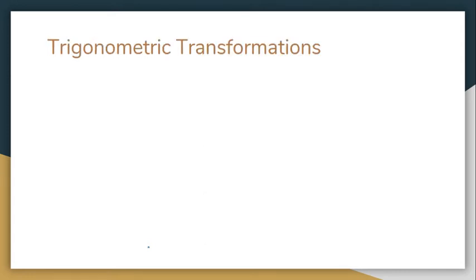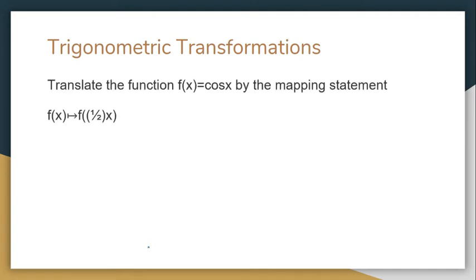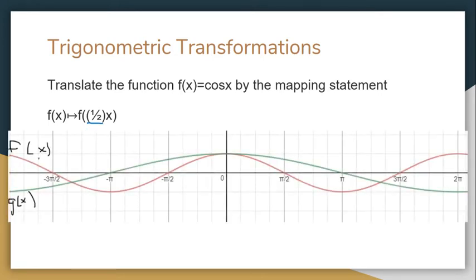Let's now talk about trigonometric transformations. Translate the function f of x equals cosine x by the mapping statement f of x goes to f of 1/2 x. So remember, we have it inside. When it's inside, it's going to extend our graph. So when it's a cosine function like this, it extends our graph. We have our regular function here in red, and you can see it's a much tighter curve than our green one, which is more laid out and more wide.